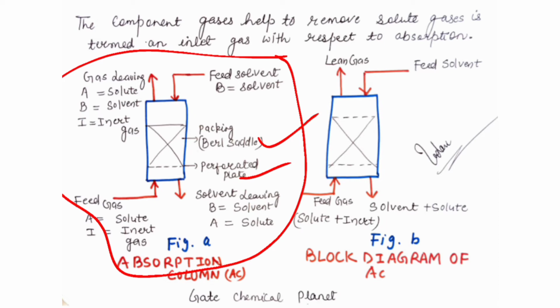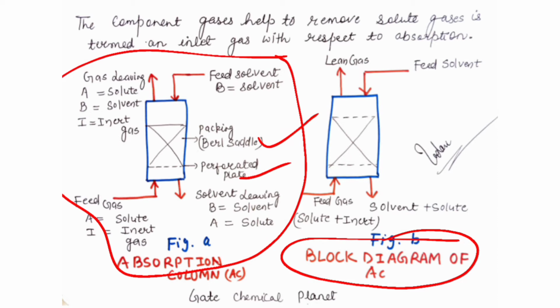After separation we get the leaving gas, which contains the solute A, some solvent B, and some inert gas I, and the solvent leaving the column consists of A, which is the solute, and B, which is the solvent. So this is the absorption column, and the second is the block diagram of the absorption column.